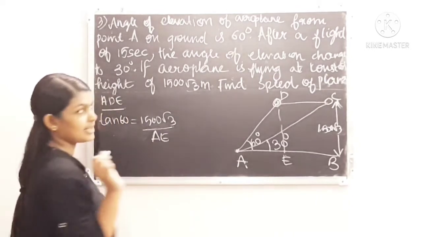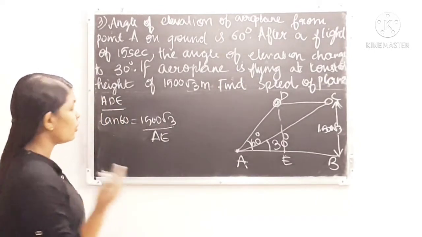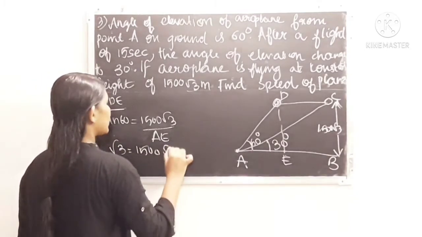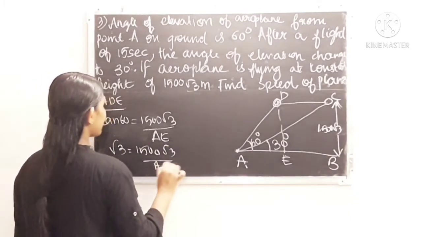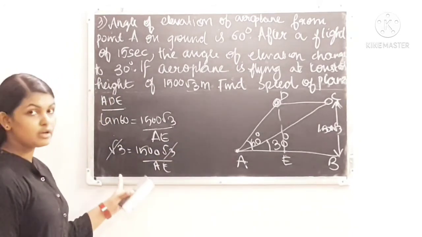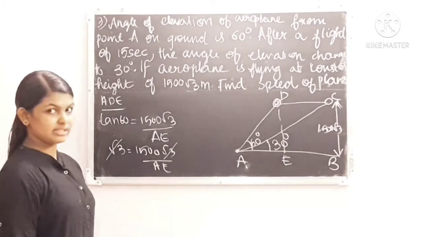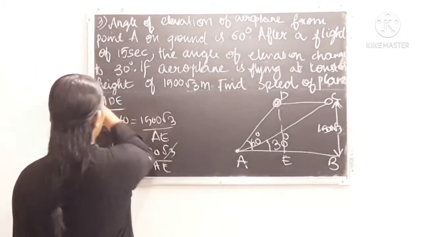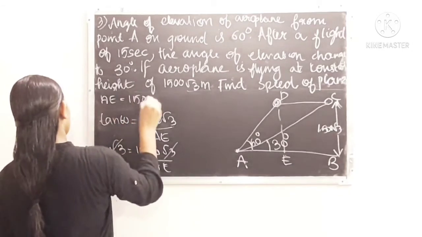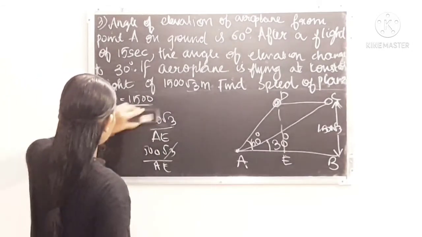Now what is the value of tan 60? Tan 60 is equal to root 3. So root 3 is equal to 1500 root 3 by AE. Now we can cancel this root 3 from both sides. So the value of AE will be equal to 1500.